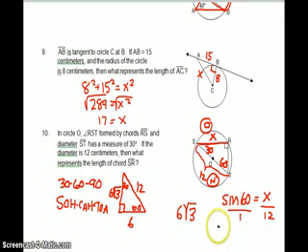Cross multiply, and we'll have x equals 12 times sine 60, or x equals 10.4.